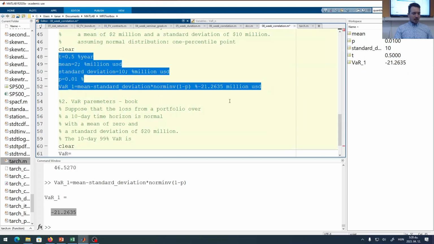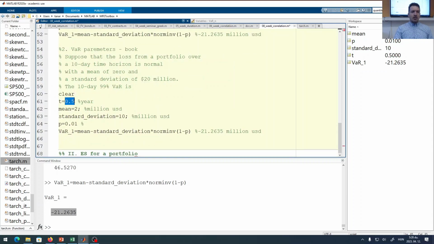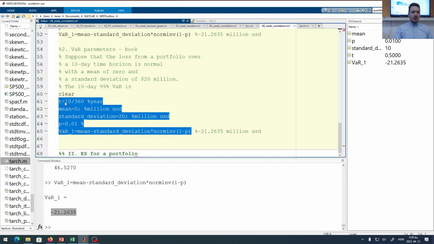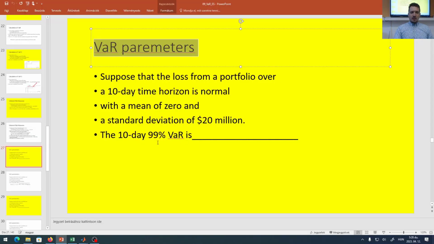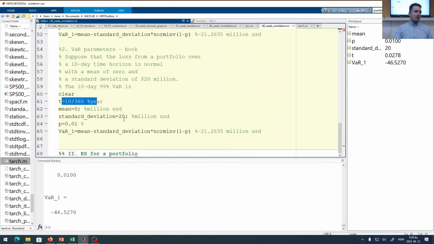Well, we could take the same thing here, then divided by here, mean is 0, standard deviation is 20, okay, it's 1%. Yeah, this is the loss, and still we don't care about time, so this is just decoration.